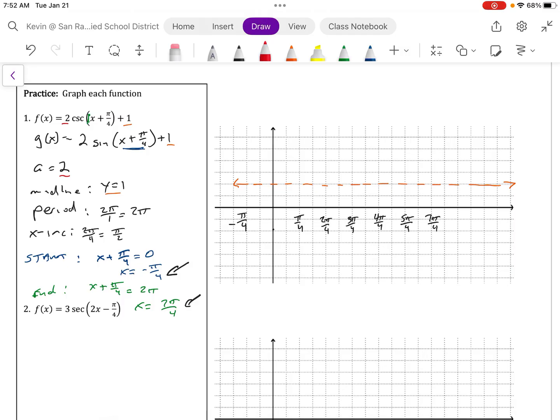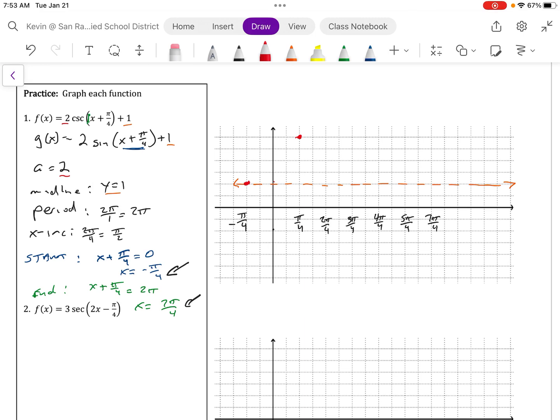Now, since it's sine, it would normally start at 0, but my midline is moved up. So I'm now starting right here. And then my increments are at pi over 2. So at pi over 2, I'm going to go from my midline to my maximum at pi over 4.